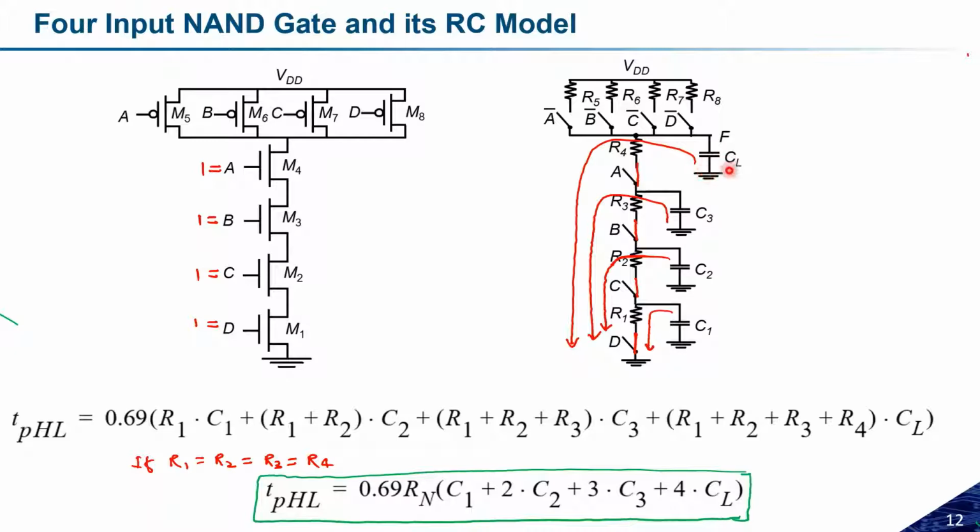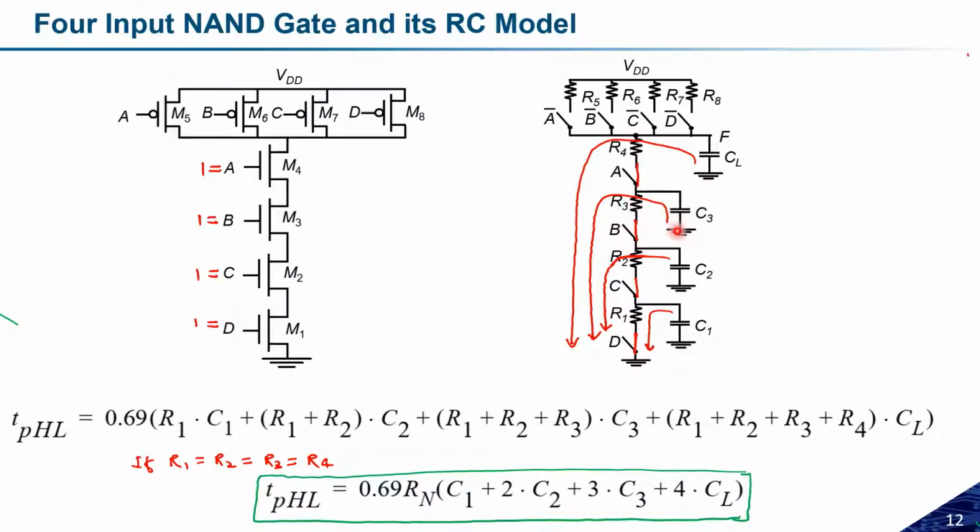Suppose I have this CL, so discharging this CL will be CL, R4, R3, R2, and R1. So this will be the discharging time constant for this CL. Similarly, because we have other capacitors as well over here, this capacitor will also take some time to discharge. So the total TPHL component will be increased by these factors.